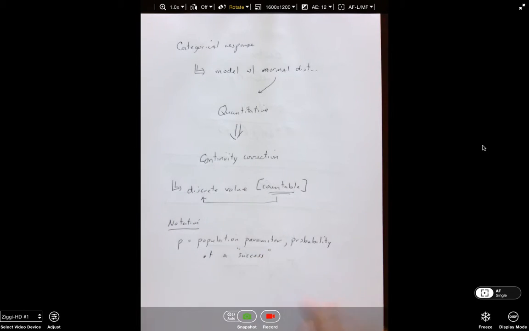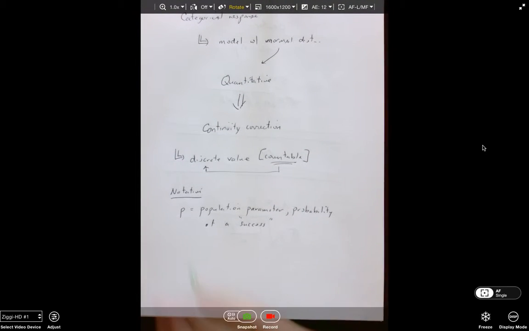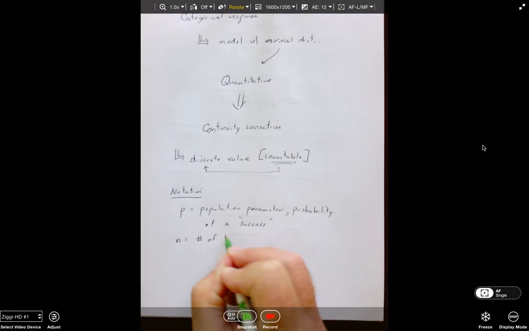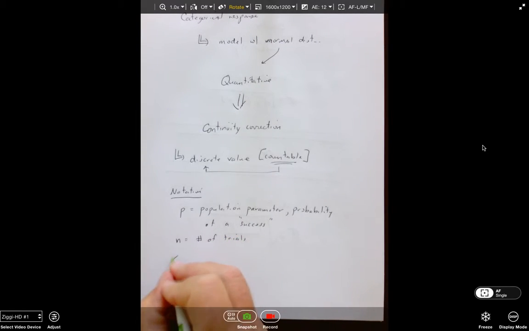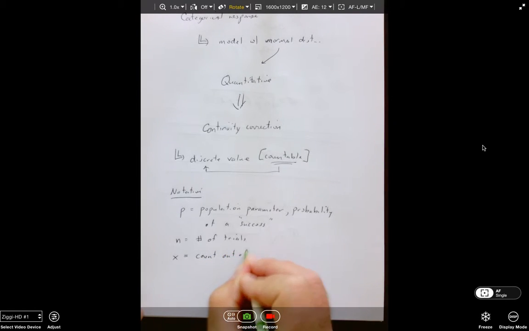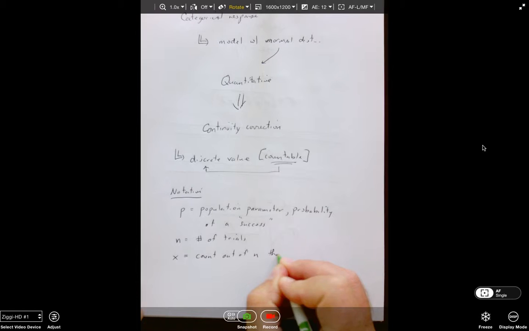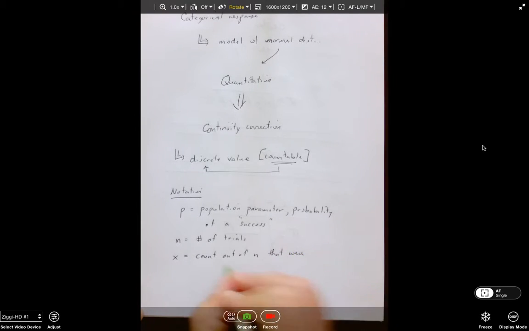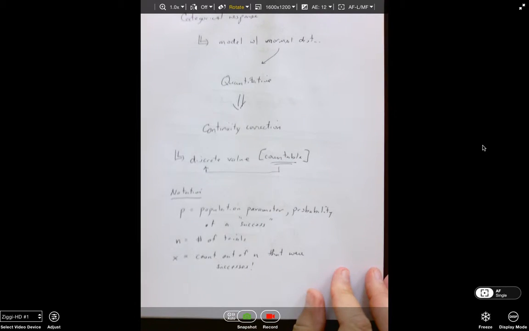And guys, again, success is relative. N is the number of trials. X is the count out of N that were successes.